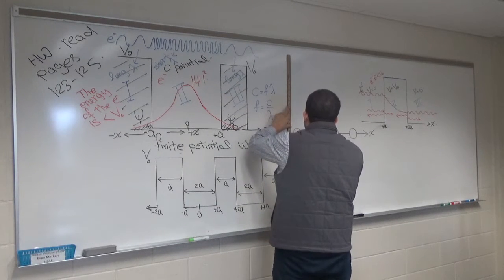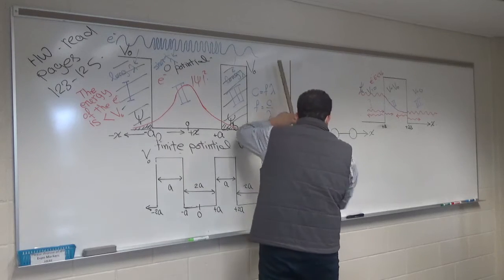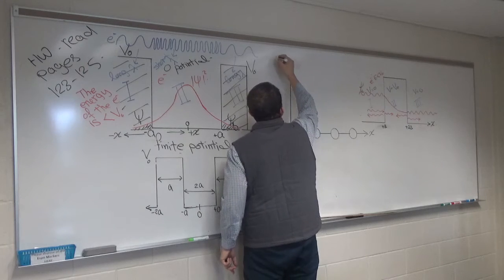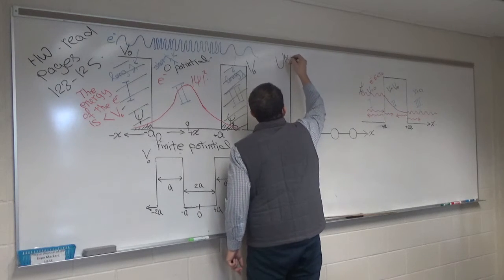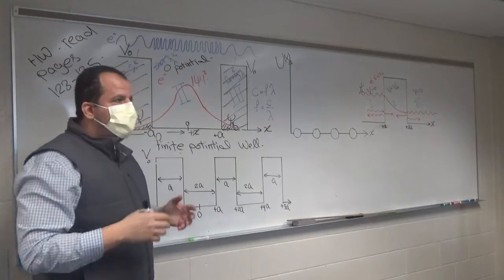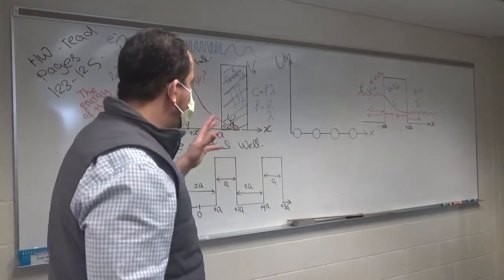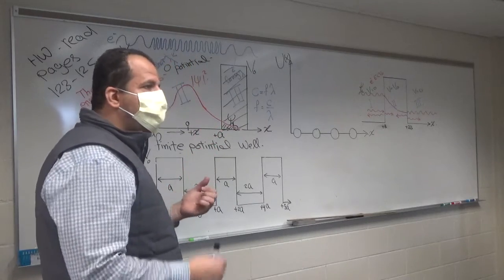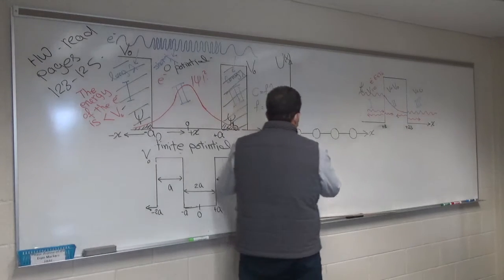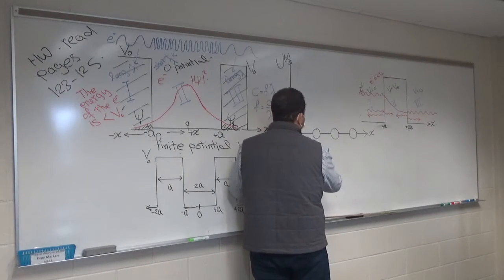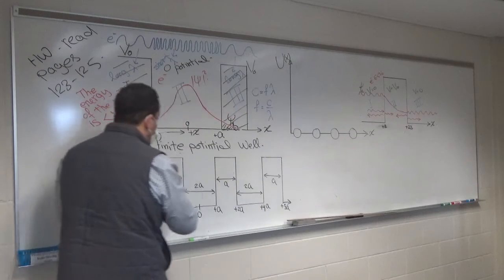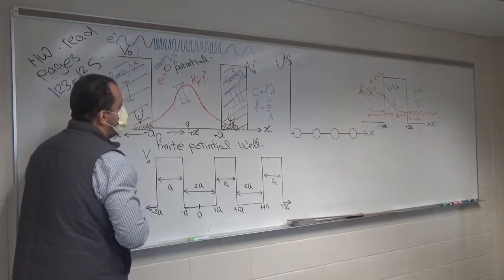Now, if we try to draw the potential, this is U as a function of x. Now guys, what Bloch mentioned here, he mentioned that those atoms have a kind of field around them. This field that can be created by these atoms can create periodic potential, as you can see right here.